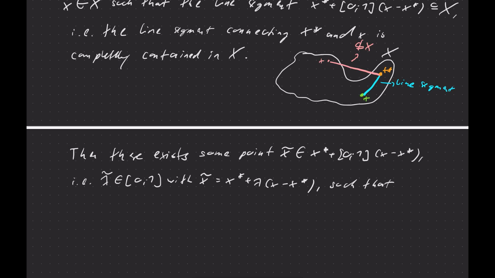Okay, so there exists such a point such that, well, f of x, the function value, is equal to the Taylor polynomial of degree k at x star plus a remainder, and that remainder is precisely the Taylor formula evaluated at the point x tilde.